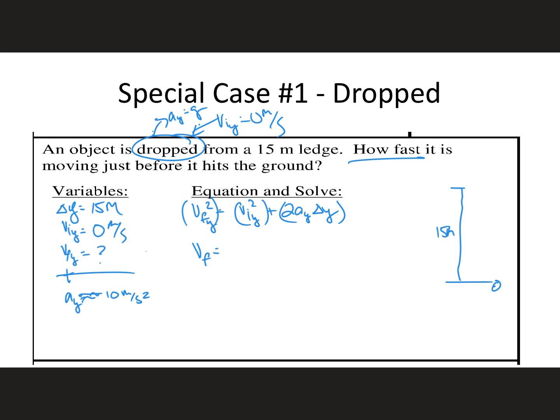So final velocity will equal the square root of the initial velocity squared, which is 0, plus 2a_y delta y, that's going to equal 2 times negative 10 meters per second squared times 15.